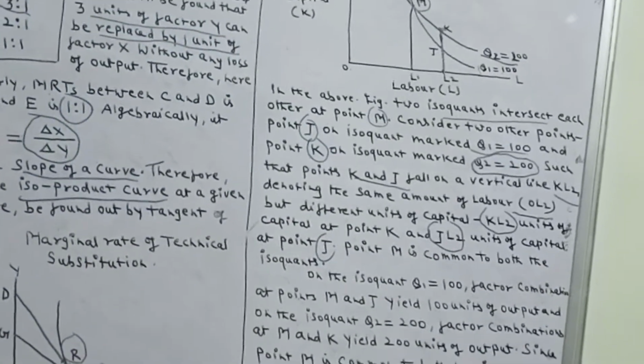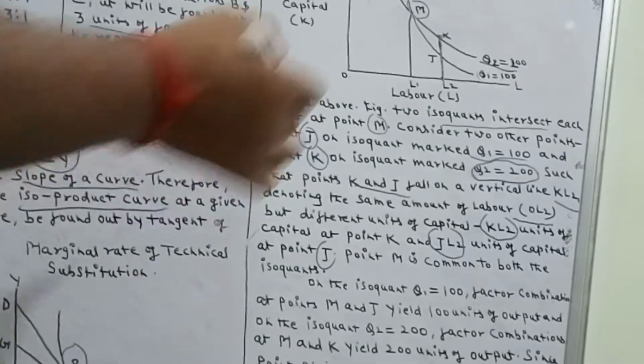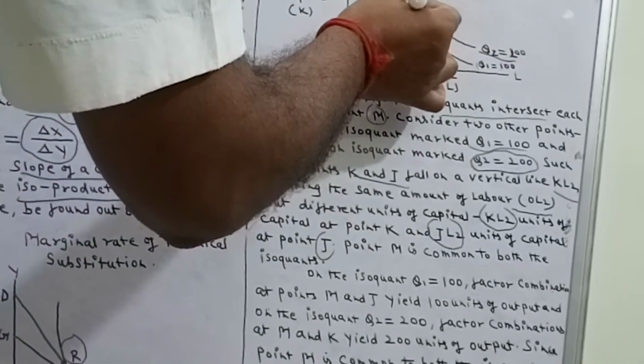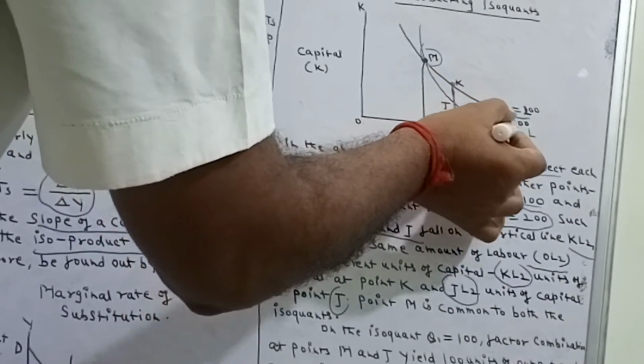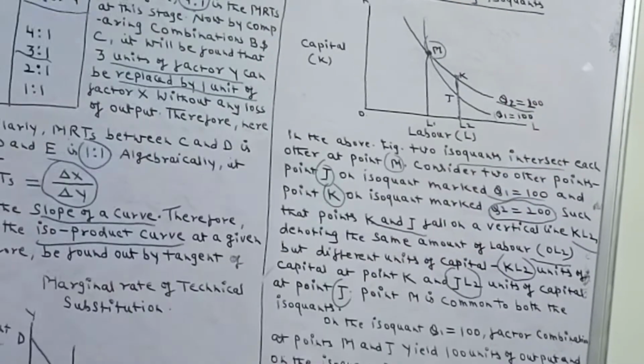Point M is common to both isoquants. Say Q1 equal to 100 and Q2 equal to 200.